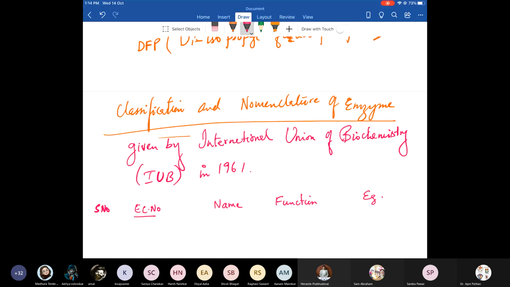EC number, you can write down the full form of EC is Enzyme Commission.